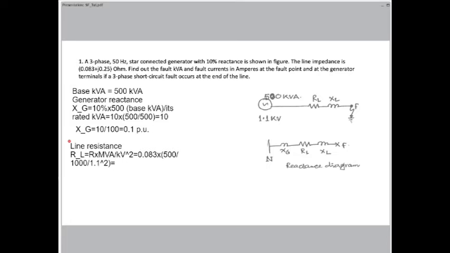So you should calculate it and tell me what value you get in per unit straight away. This will be in per unit straight away. Resistance of the line is calculated from the resistance value, MVA and kV squared. R times MVA over kV squared is the formula. So you calculate and tell me the value of this resistance of the line in per unit.